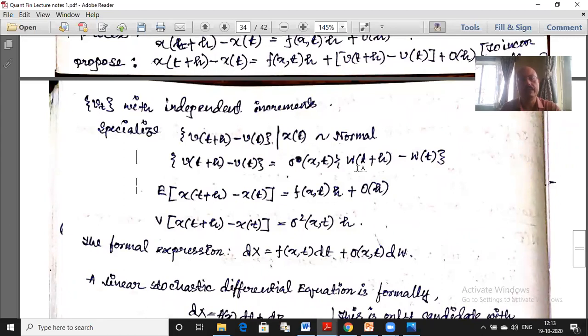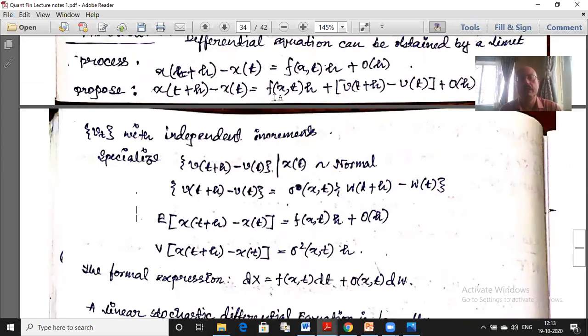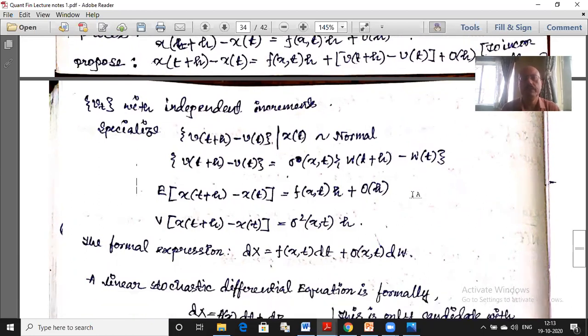So I take this one as my error part. In the original increment equation, I now have the trend part f(x,t)h, and this difference of V part is now going to be written as a Wiener process difference. From that equation, I can immediately say that the expectation of the change, expectation of x(t+h) minus x(t), will be given by f(x,t)h plus the order of h term, which we have ignored.